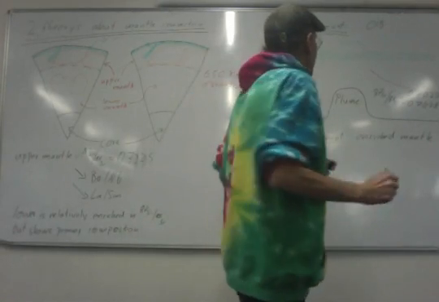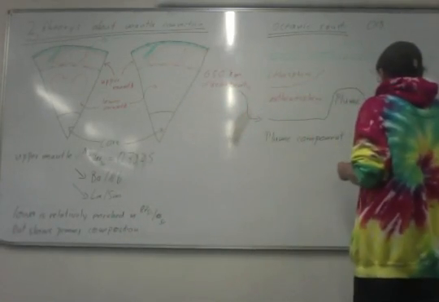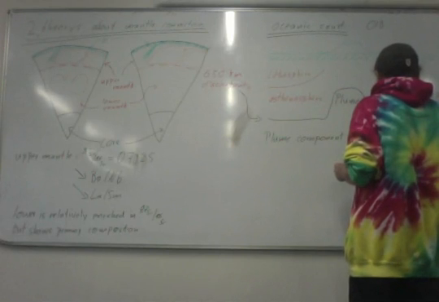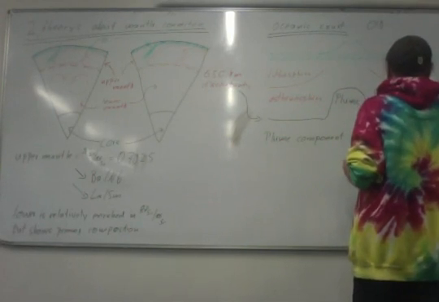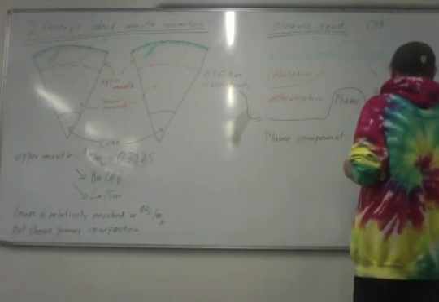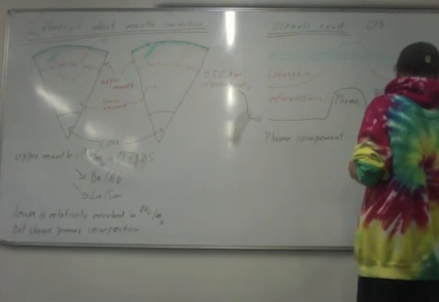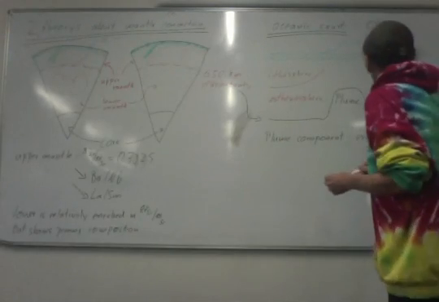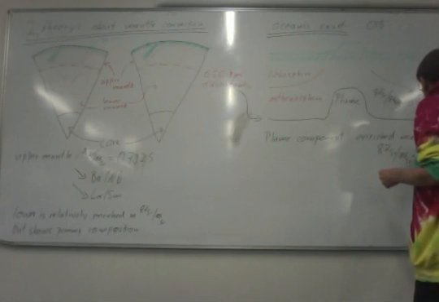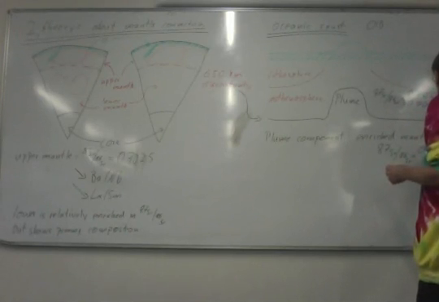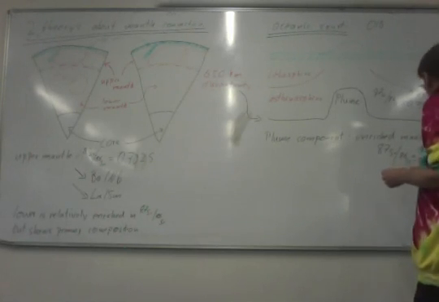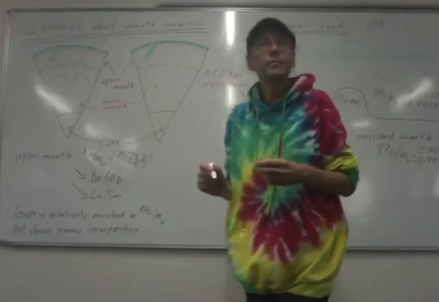So if we are getting higher 87 to 86 strontium ratios from the lower mantle, then you are getting values ranging between 0.7028 up to 0.7040.